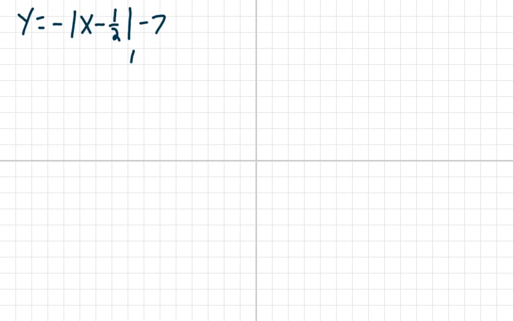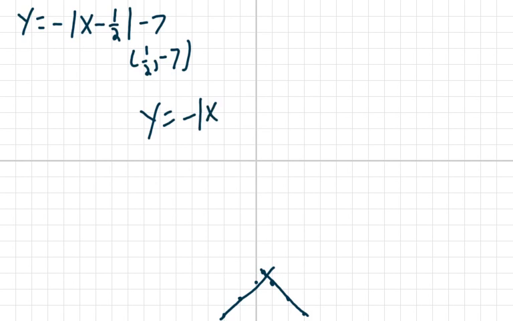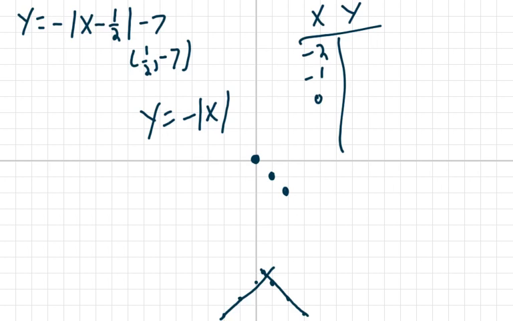Okay, vertex. 1/2 and -7. Opposite of -1/2 is 1/2. Then graph it. And the slope is -1. So it would go down like this. For example, if y is -x, that'll be this, but going down, because in the table, x, y, -2, -1, -2.